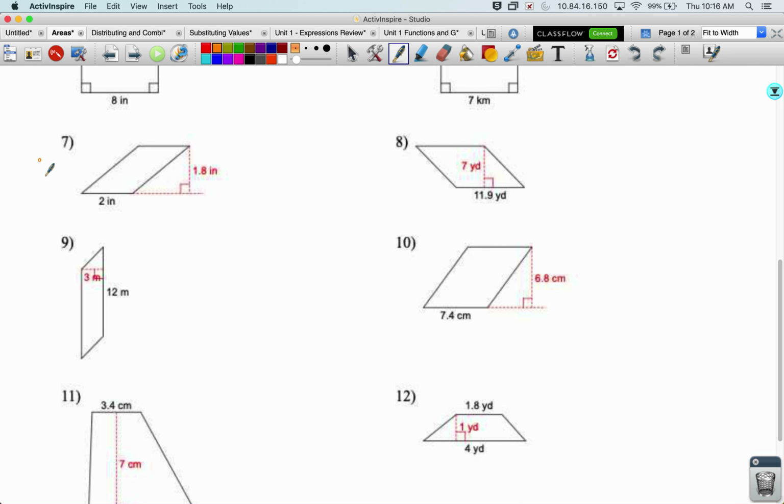Now down here we have parallelograms, which means that opposite sides are parallel, but it's been tipped over. Similar formula for the area of this one. It's area equals base times height. And the height is the distance between two parallel lines, and it's always going to be labeled with a dotted line like this.